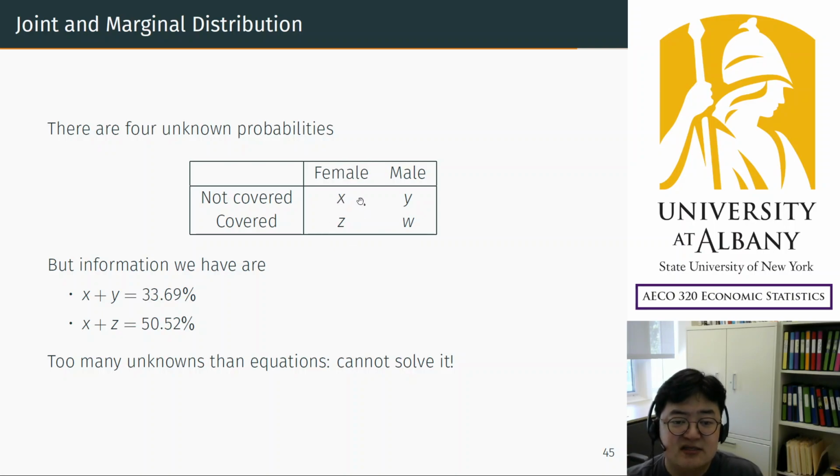So that is x plus z equals 50.52%. So these are the informations we have. So we have two equations for four unknowns. That means you cannot solve for these unknowns, because there are not enough equations.